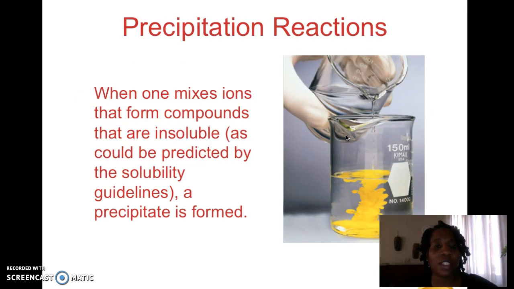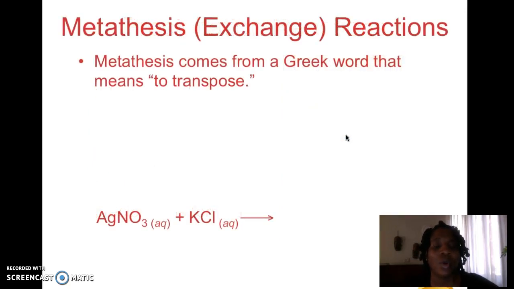Being able to predict solubility will also help you to identify what we call a precipitation reaction. So when you mix the ionic compounds, sometimes those combinations form compounds that are insoluble, and that is referred to as a precipitate. So these, what we call double displacement reactions or exchange reactions, are very common in chemistry.